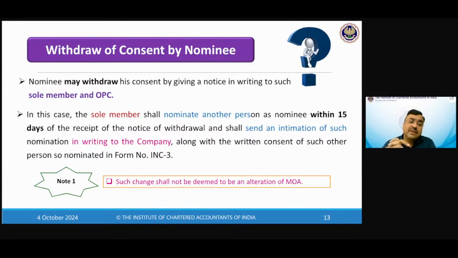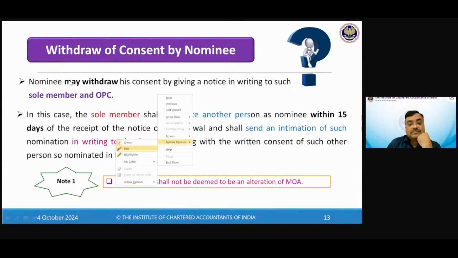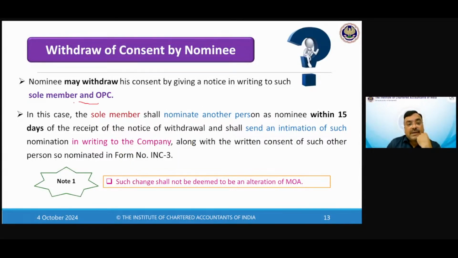The law says the nominee may withdraw his consent by giving a notice in writing to such sole member and OPC. And please underline "and"; it means he has to give the notice to the member and also to the company.